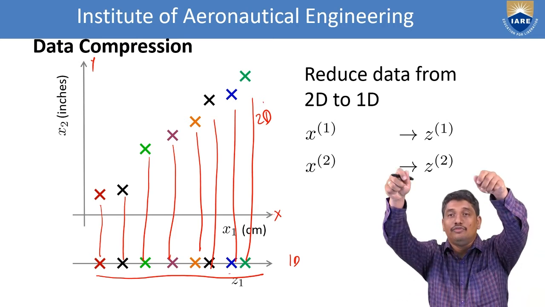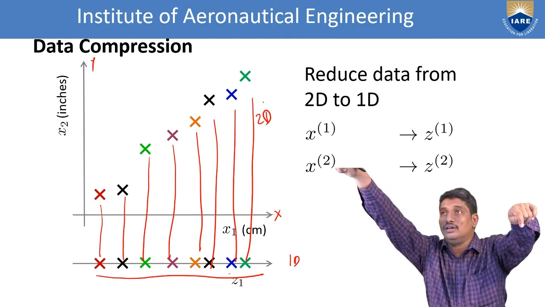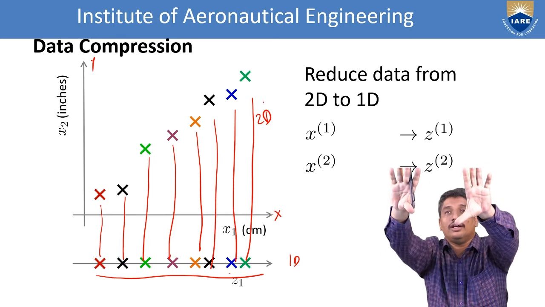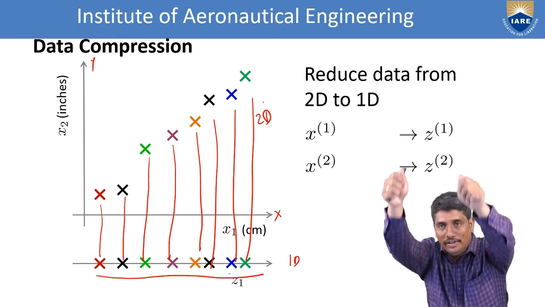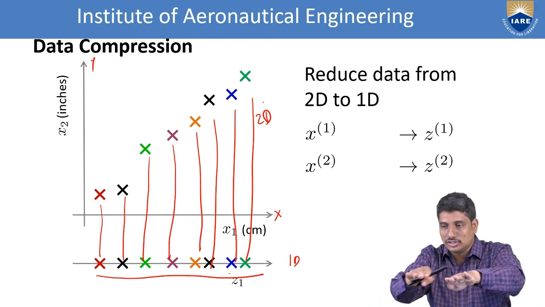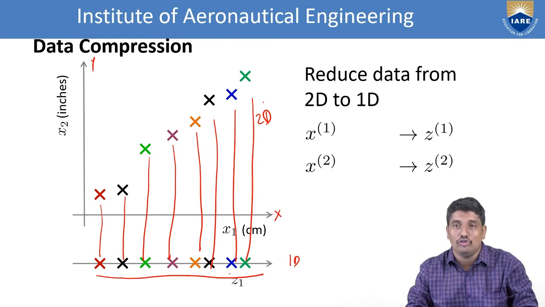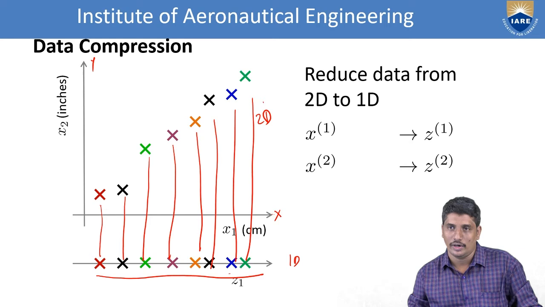It is like when there are some stars stuck on a wall, and you pull them perpendicular onto the floor, they will form a straight line. That is called reduction of two-dimensional data into one dimension.